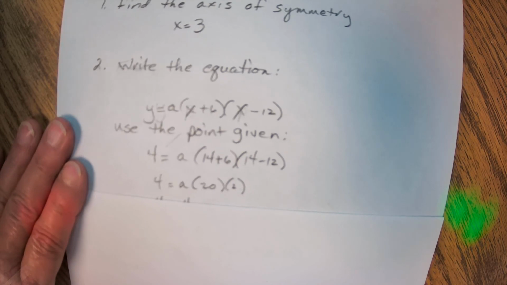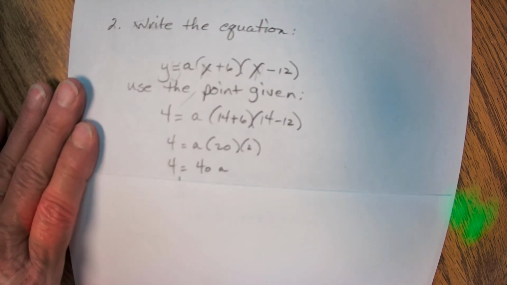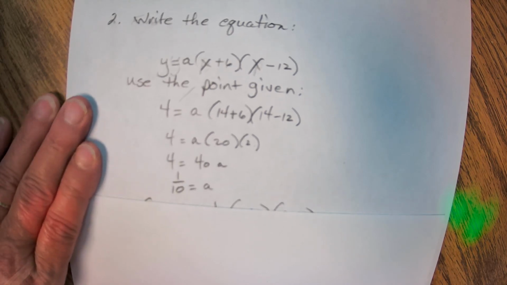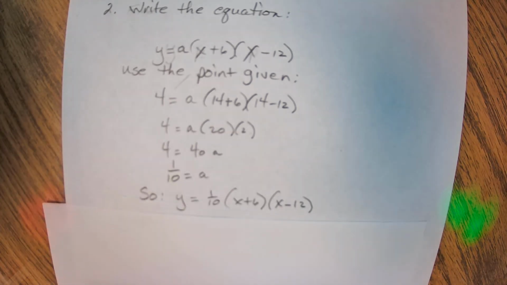Get your algebra skills going there. Divide both sides by 40. And your answer is a equals 1/10. So that's what my equation looks like in intercept form.